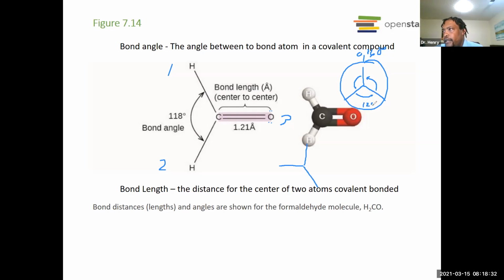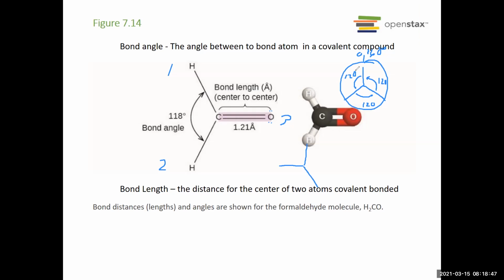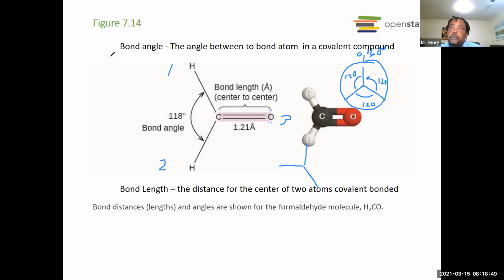So that would be 120, 120, 120. Okay, make sense? Yeah. So if I broke it up into 4 parts, what would be the angle? 90. Yeah. So in that case, it would be 90, right?